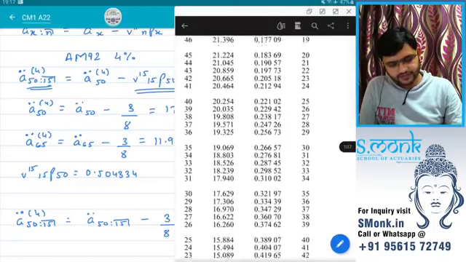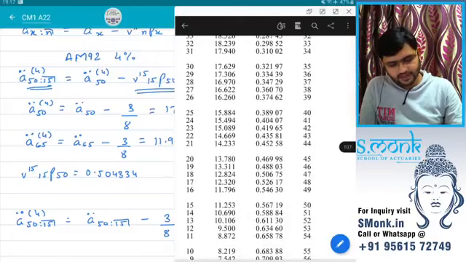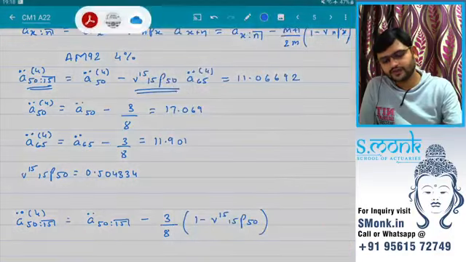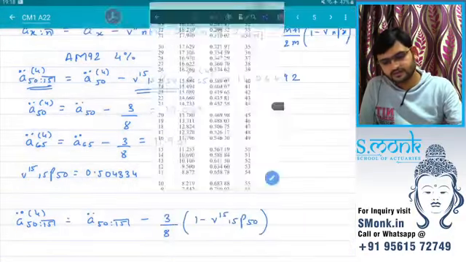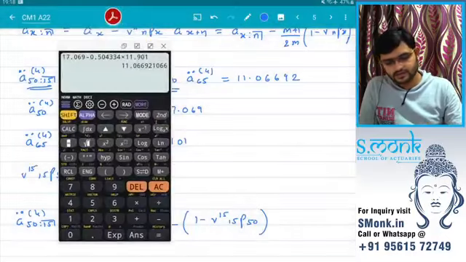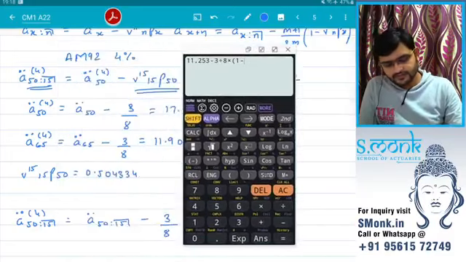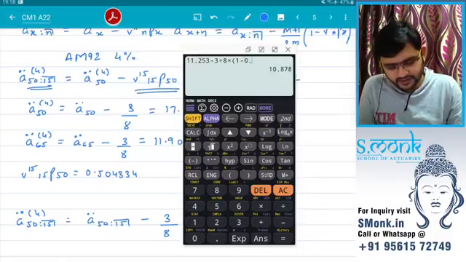So age 50, we'll look for age 50, 50:15, we have 11.253, minus 3 by 8 multiplied by bracket 1 minus v raised to 15, 15p50, that is 0.504334.